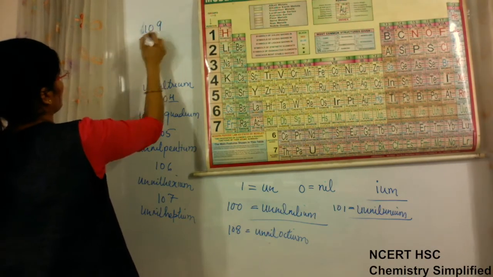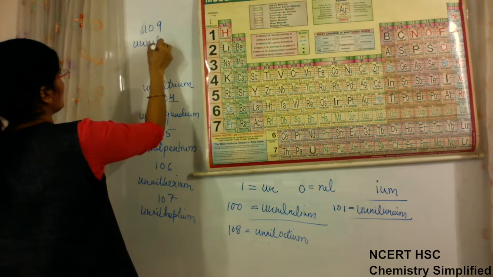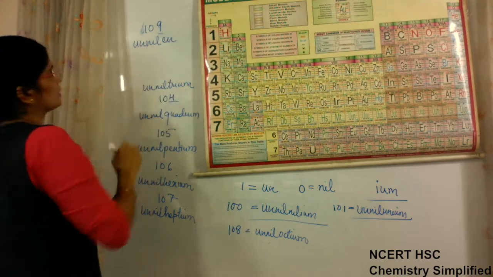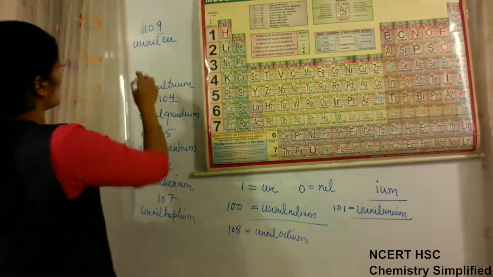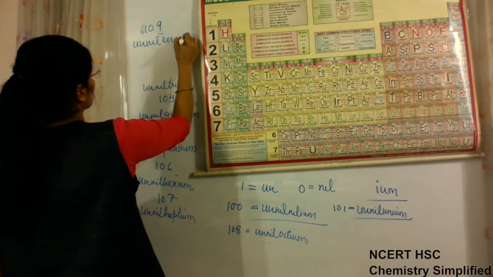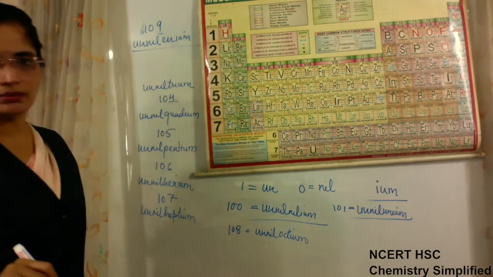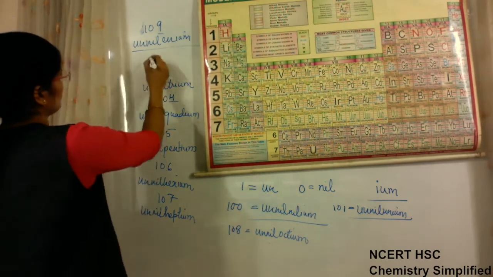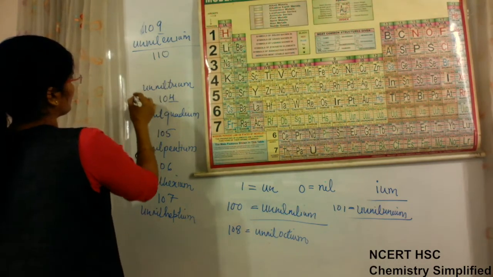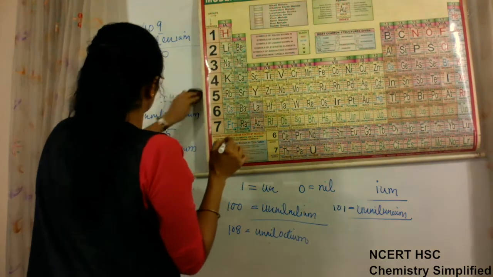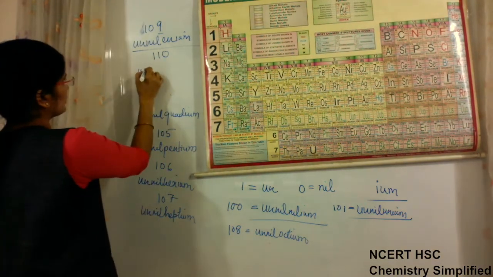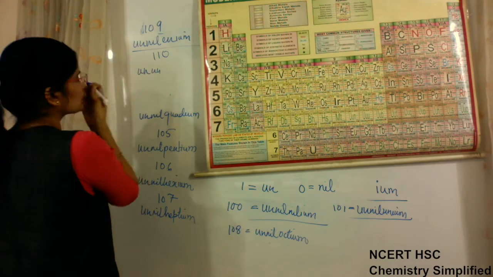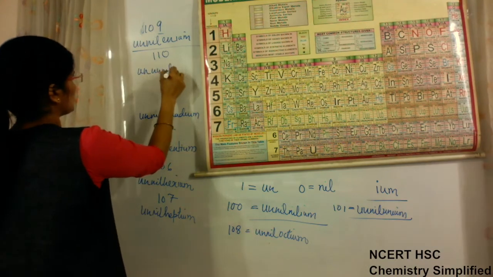109: unnil, and 9 is En. Unnilennium is 109, and 110 will be, again 0 is nil, ium.